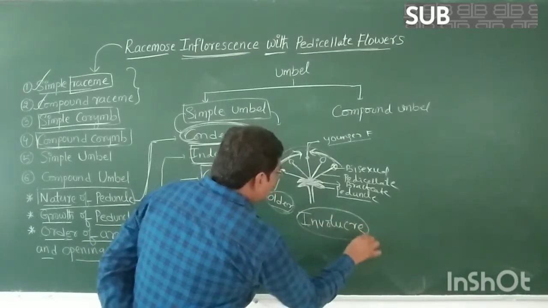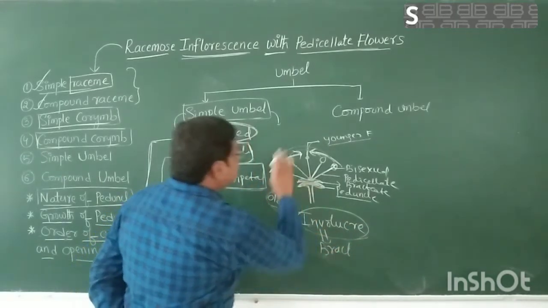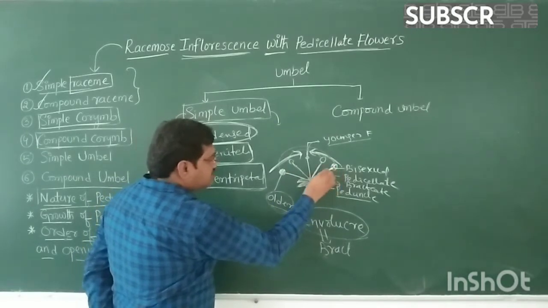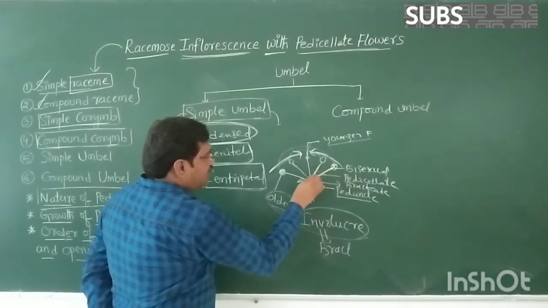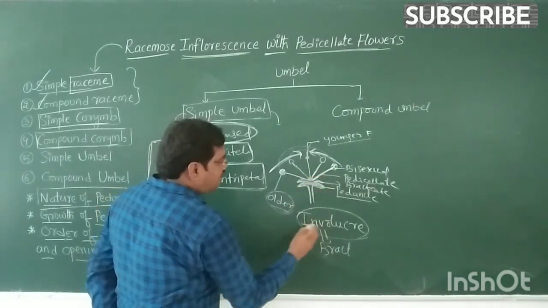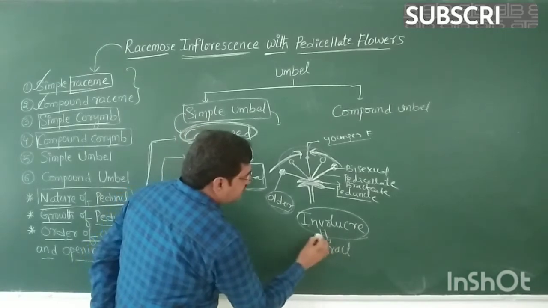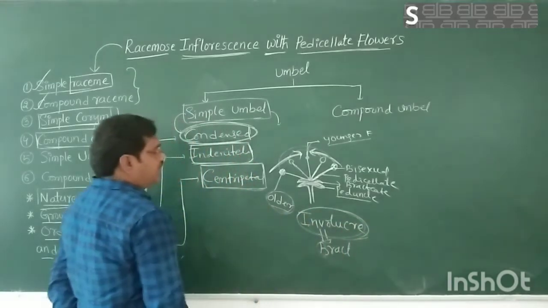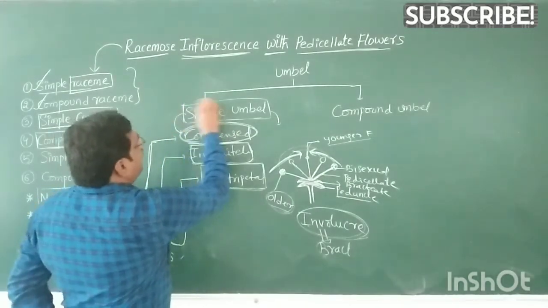This is the modification of bract. So in this simple umbel, the flowers are bracteate. The bracts of each flower are united to form a wall-like structure called involucre. This is the important characteristic feature of the simple umbel.